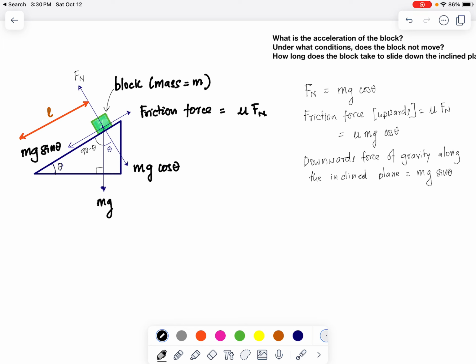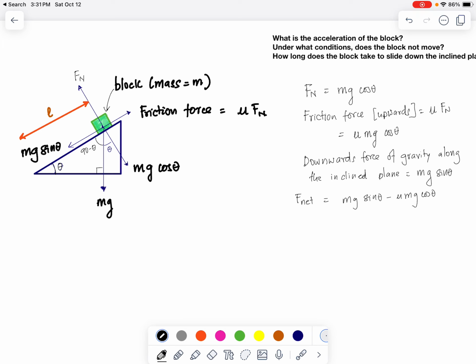So we have one force that's acting upwards and the other force that's acting downwards. So the net force downwards equals mg sine theta minus mu mg cosine theta.